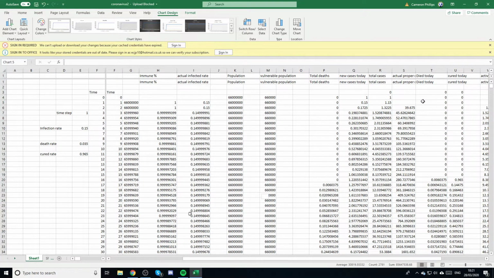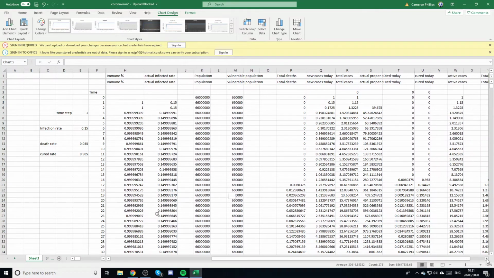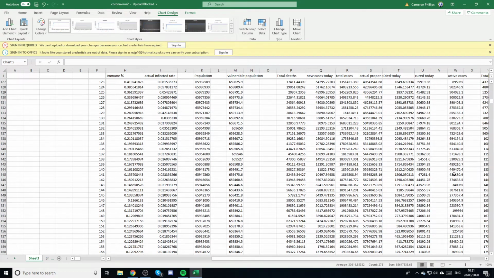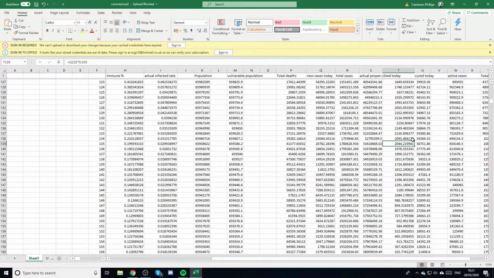But the died today figure, which is the all important one, peaks at 2044. No, tell a lie. 2134, and that's on day 134.